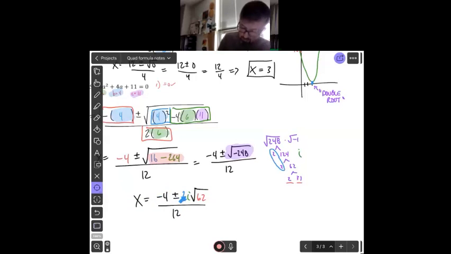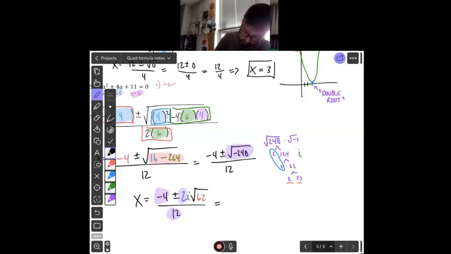At this point, I should be looking if I can divide. So can I reduce all of these by something? Again, I didn't even highlight the i. I'm just looking at the real numbers here. Well, those all are divisible by 2. So I'm going to take a 2 out of every one of those.